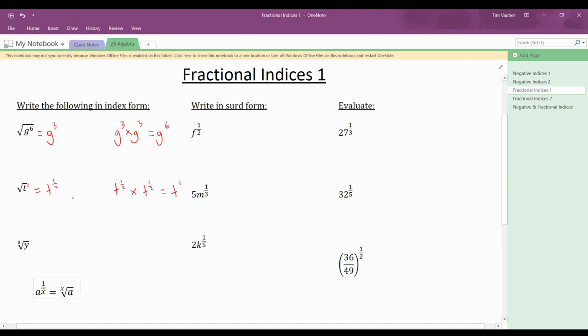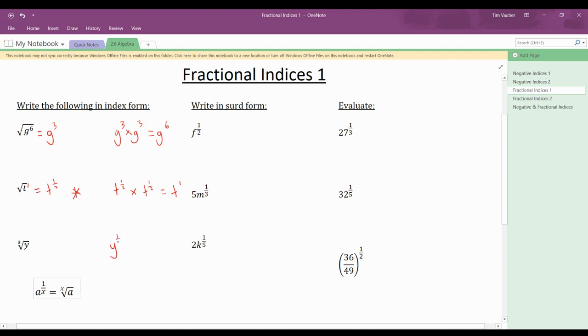And this is something that's really important to remember. This question here is that anything that is square rooted can essentially be written as a power of half. And if we look at our next one, the cube root of y, what number or what term times by itself 3 times will give y?